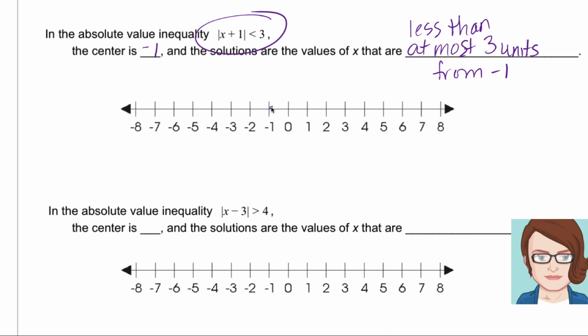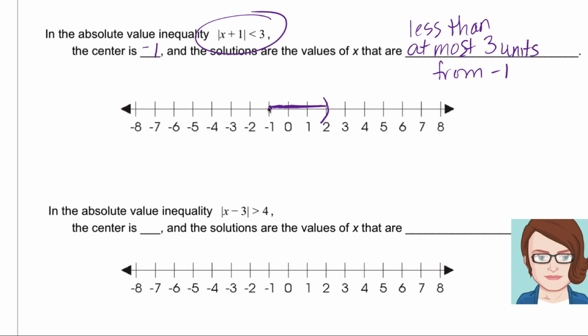So here I am centered at -1, and I want all of the x's that are less than 3 units away. So if I travel in the positive direction 3 units, 1, 2, 3, I am at 2. I'm using that parenthesis because we actually can't be at 2. 2 is exactly 3 units, and we have to be strictly less than.